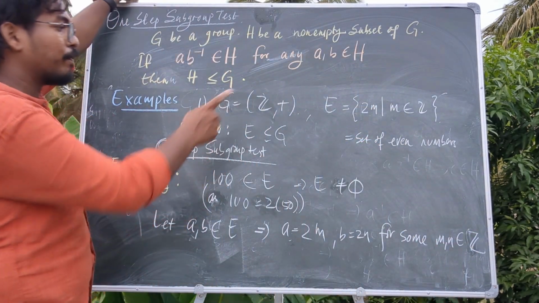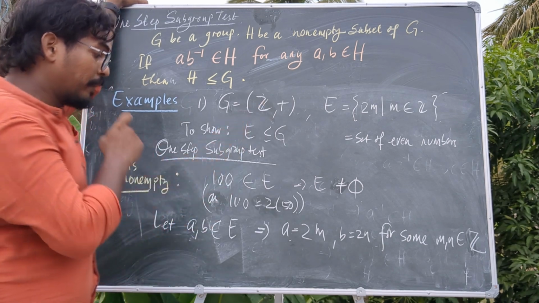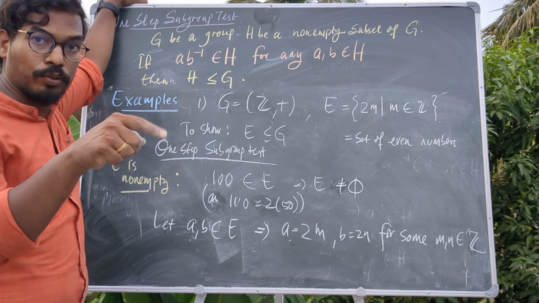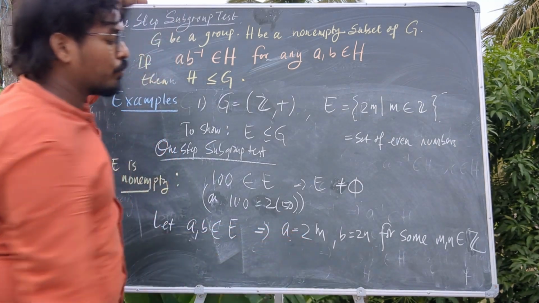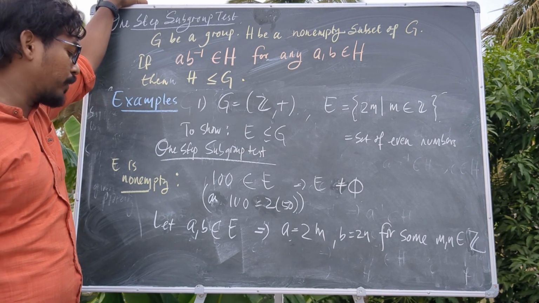If a and b are in the set E, each must be 2 times some integer.